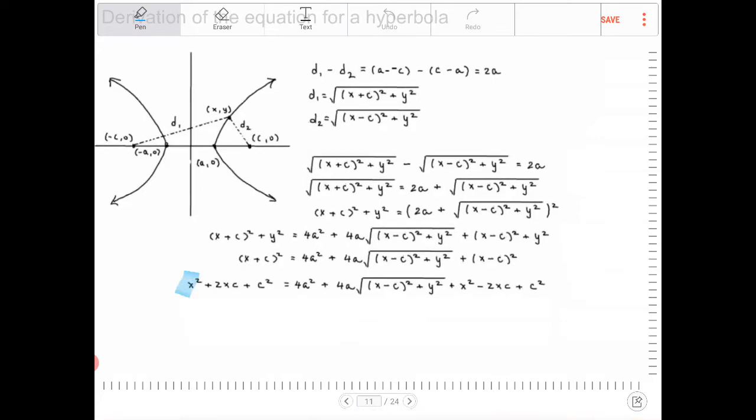So therefore, I can eliminate these. And I can combine the two xc's in the next step. And I'm going to subtract over 4a squared.